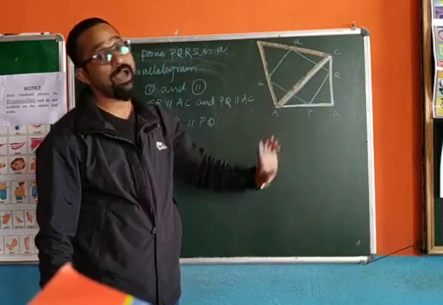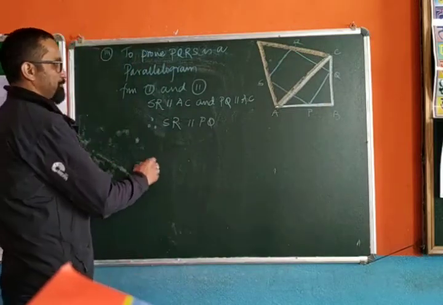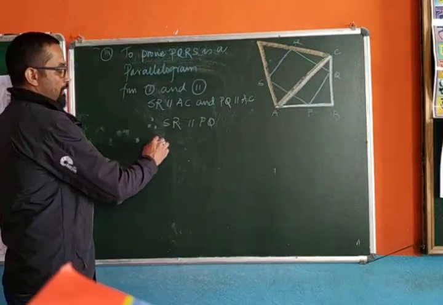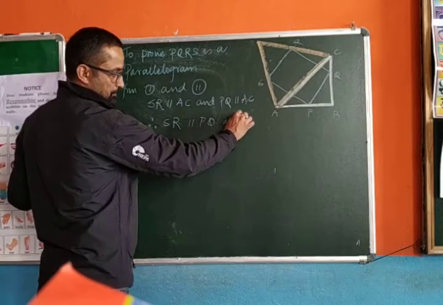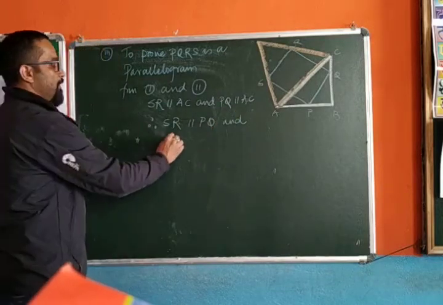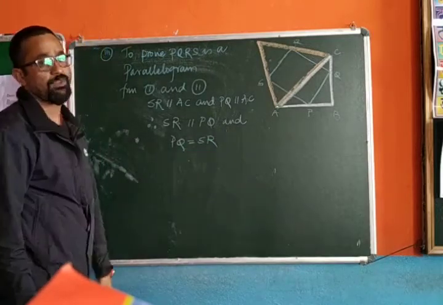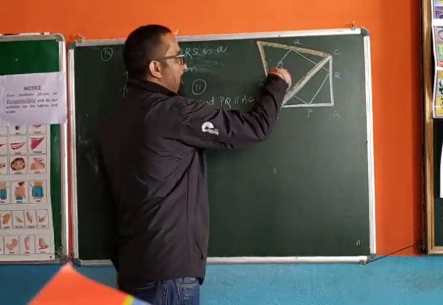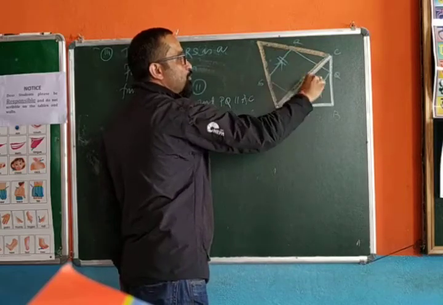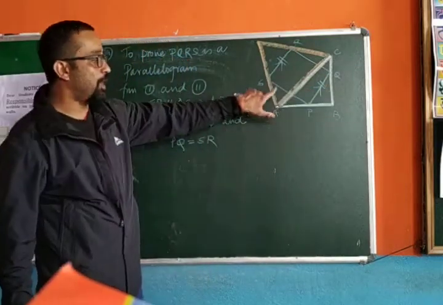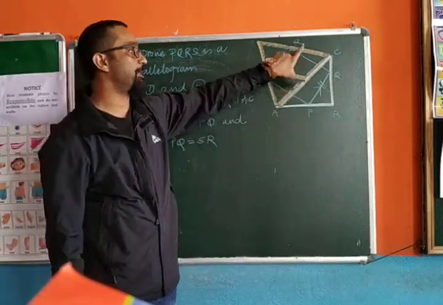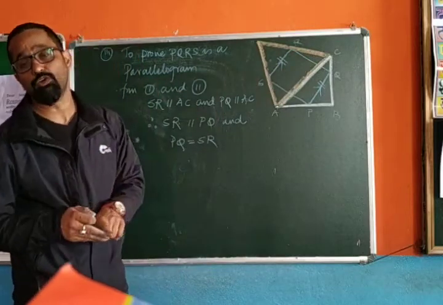Therefore, SR is parallel to PQ. And we have already proved PQ is equal to SR. Two sides are parallel and equal. Therefore, the other two sides will be parallel and equal.